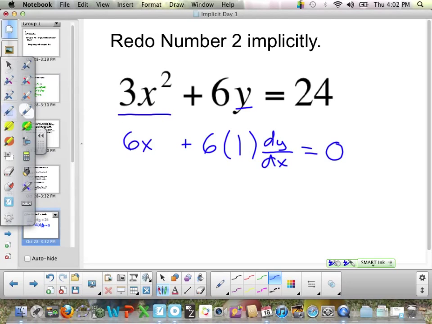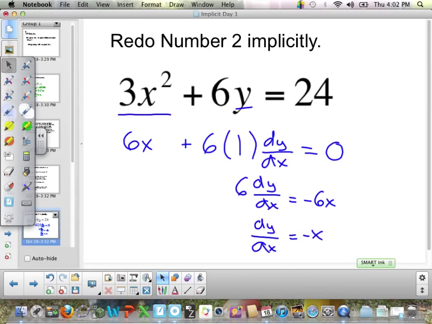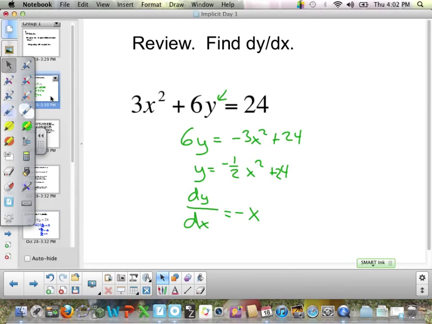Now we want to get all the dy/dx on the left side and everything else on the right. So we will subtract 6x. We're left with 6 dy/dx equals negative 6x. And divide out the 6. dy/dx equals negative x, which, if we look back, matches our derivative when we explicitly solved for y first.